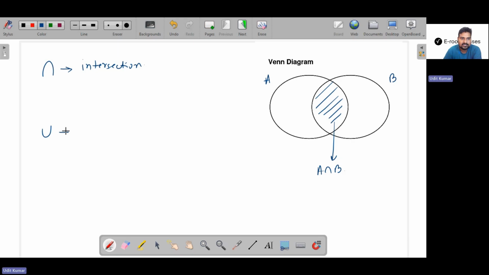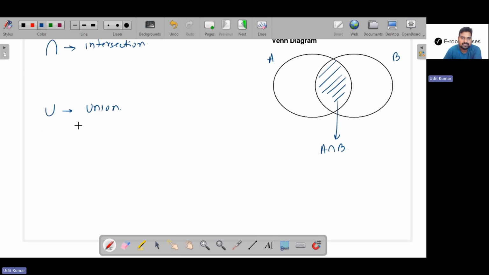Union. This symbol is union, and it represents the combination of two sets. For example, A union B will be equal to all the elements in A plus all the elements in B. But when you count all the elements in A and all the elements in B, this portion, which is A intersection B, is repeating twice, right?